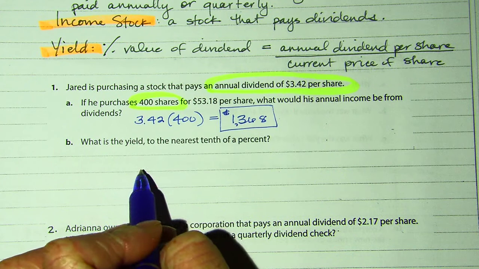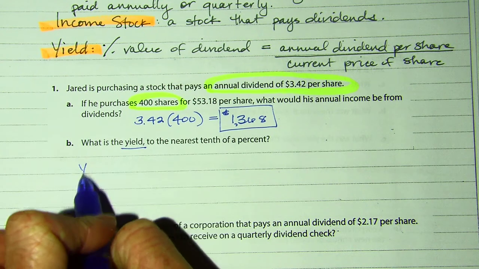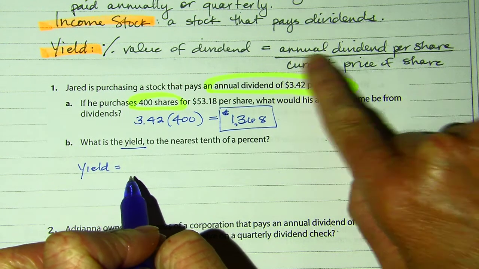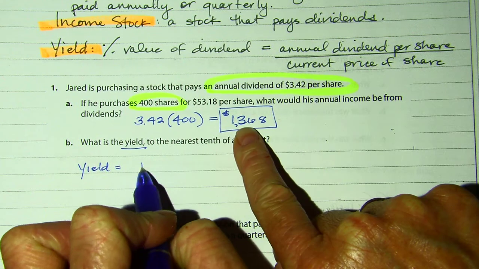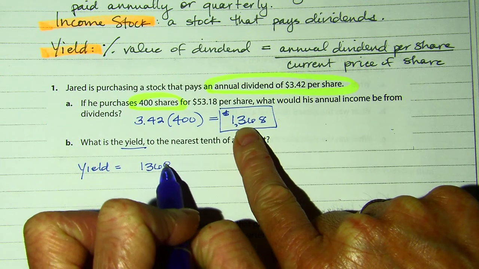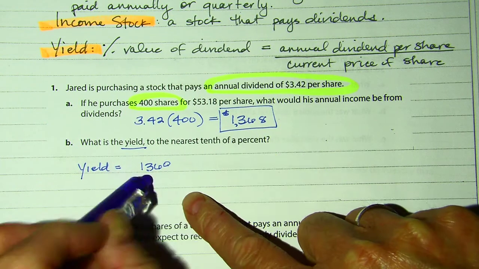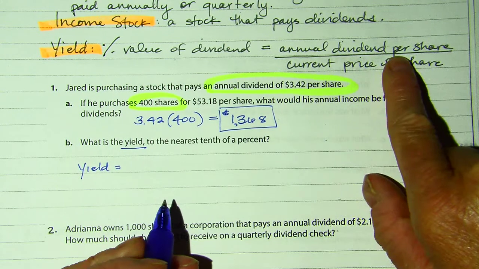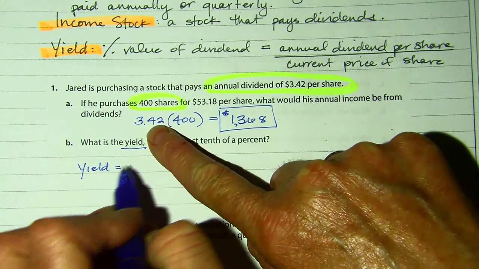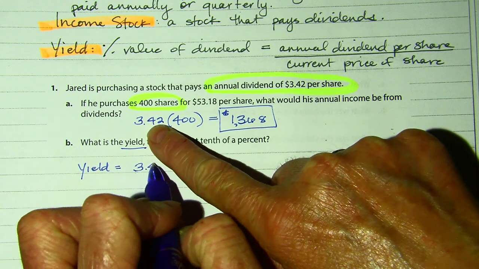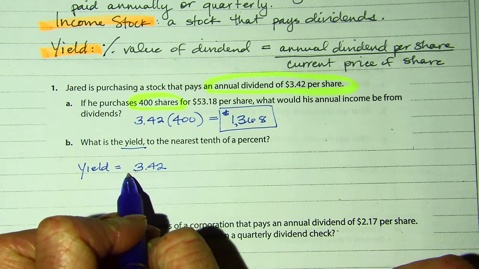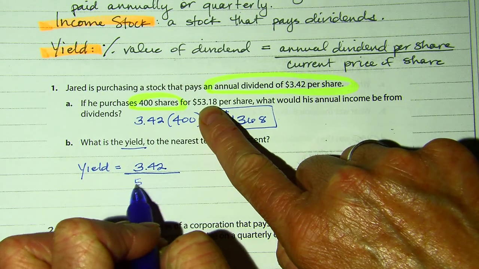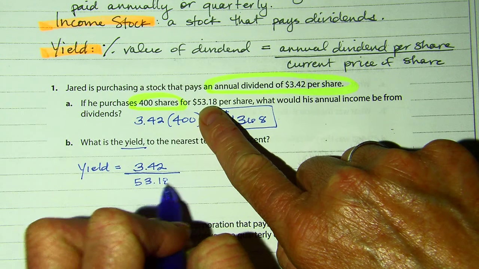Part B asks, what is the yield? So the formula for our yield is the annual dividend per share. So sorry, not the total, what it was per share. So $3.42 divided by the current price. He paid $53.18 per share.